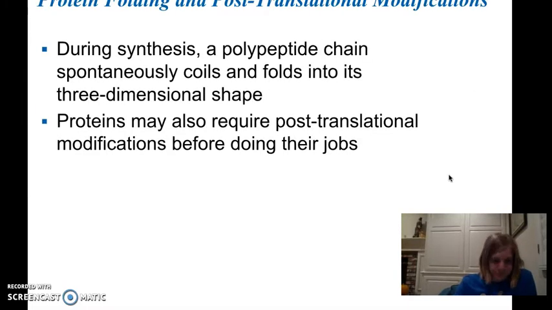So one thing that has to happen is the polypeptide chain has to coil up into its 3D shape. So remember, it goes through several different types of modification to get to its 3D structure. And then additionally, in order to do their jobs, most proteins require some modification.